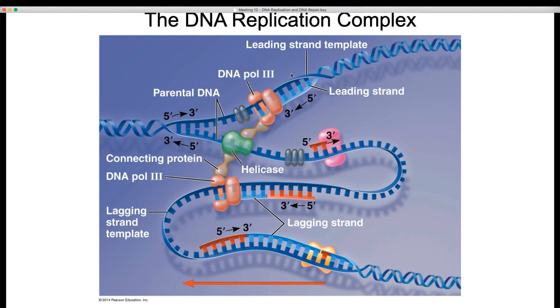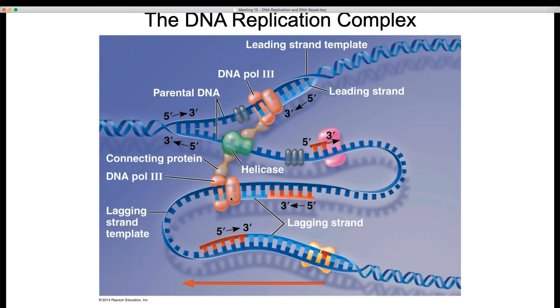And then this whole process occurs in a very coordinated fashion. Right? The name lagging makes it seem like the lagging strand takes longer to replicate than the leading strand, but that's not the case, because we have this nice coordinated process where we have everything connected. There's our DNA polymerase that's replicating the leading strand.